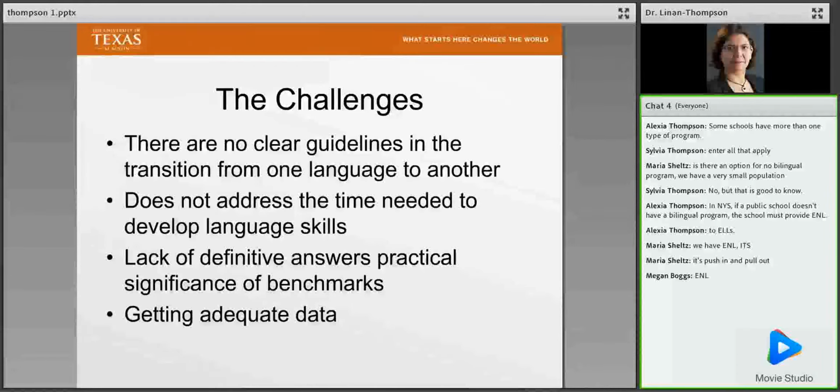So even though we know that as a group, students that have higher levels of English proficiency also tend to have higher levels of literacy skills, when we get to the individual children, that doesn't always hold, right? So some children have high literacy skills and lower language skills. Some students seem to have great language skills and lower literacy skills.